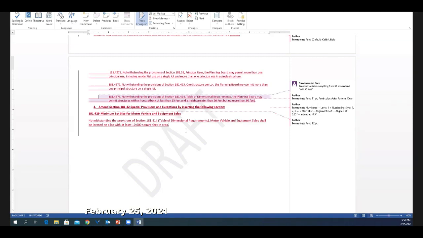I'm frankly going to vote against this because I have no problem with a motor vehicle repair place. Like, for example, Fitchburg Tire downtown, they'll repair some vehicles and then put 2 or 3 vehicles out for sale in the parking lot. I don't know if they have 10,000 square feet.